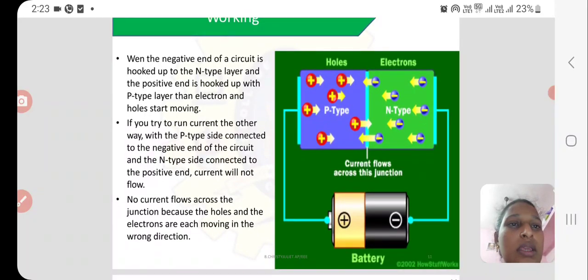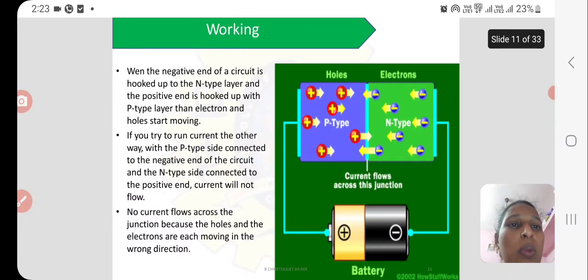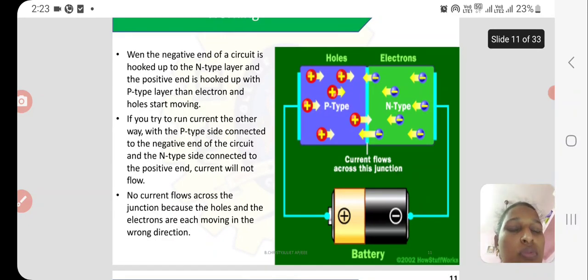Now we'll see the working. When the negative end of a circuit is hooked up to the N-type layer and the positive end is hooked up to the P-type layer, then electrons and holes start moving. That is, when the PN junction diode is in forward bias condition, the electrons and holes start to move.